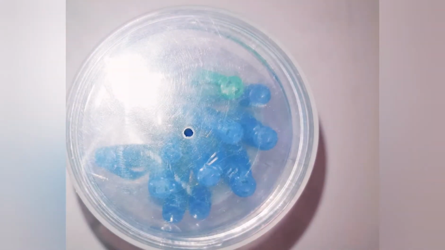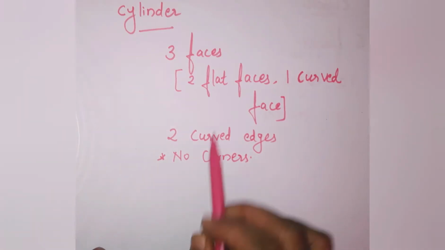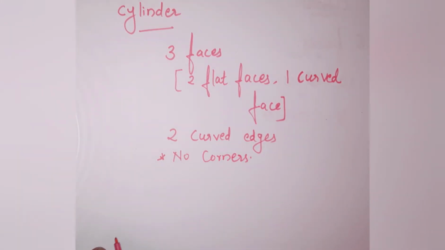One is here and the other one is here. Total 3 faces, 2 flat faces and 1 curved face. Also 2 curved edges. Now we will write it. A cylinder has 3 faces, 2 flat faces, 1 curved face, 2 curved edges and no corners or vertices.